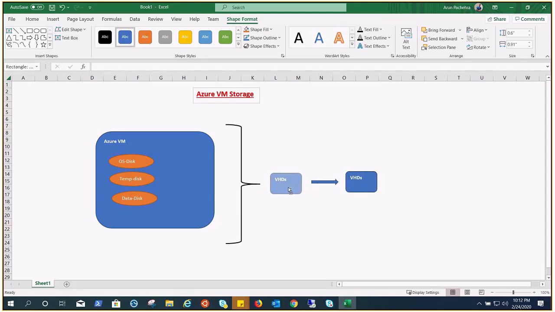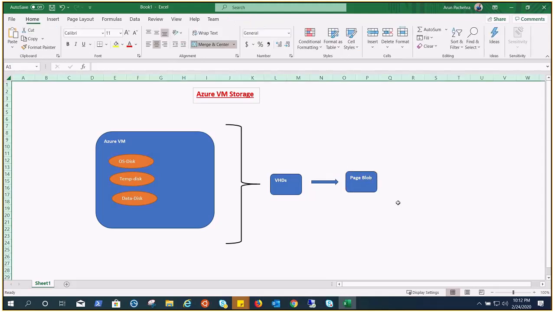This is your page blob. We covered all the kinds of blobs we have: page blob, block blob, and other blobs as well. These disks are stored as VHDs, VHDs are stored as page blobs, and page blobs are stored in the storage account.